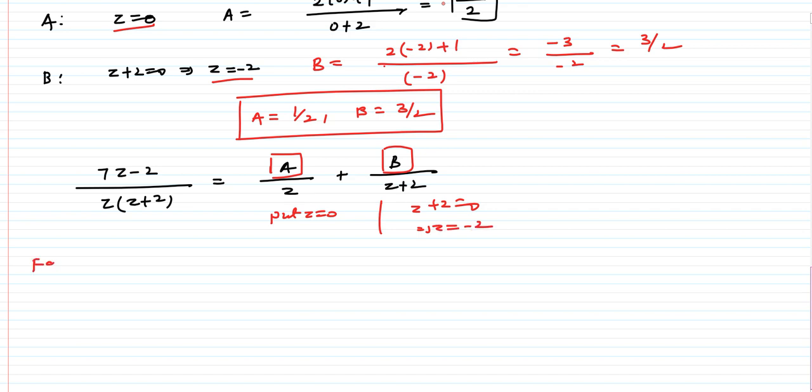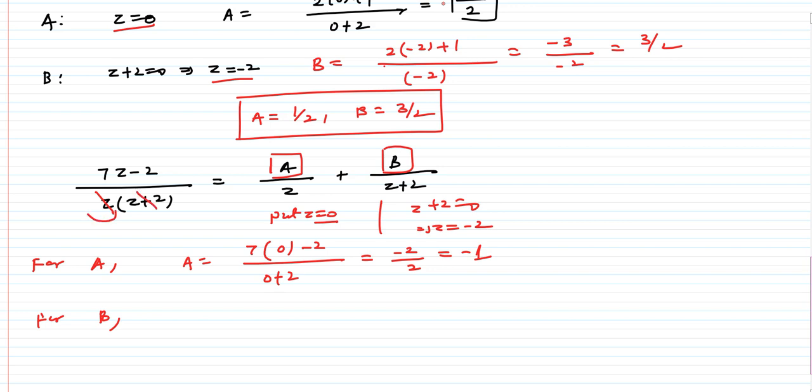So now for A, we need to eliminate this term z from here. So the value of A will be 7 times 0 - 2 over 0 + 2, that is -2/2, that is -1. And now for the coefficient B, eliminate the term z + 2 and take the whole term from here.